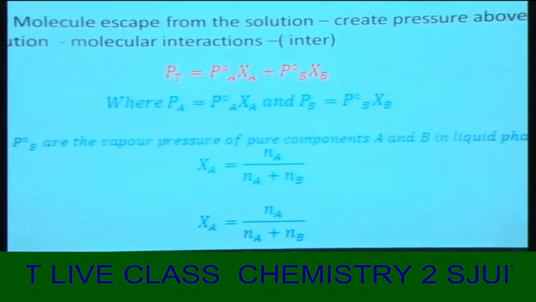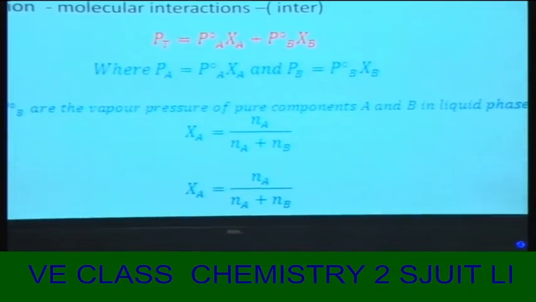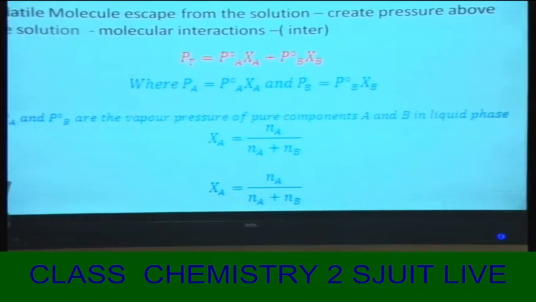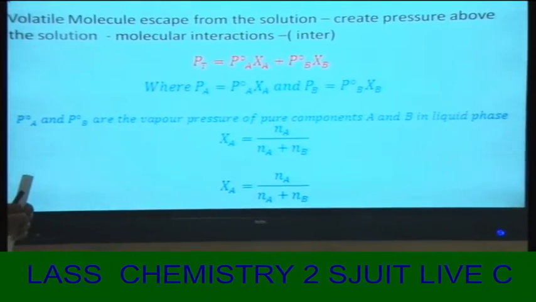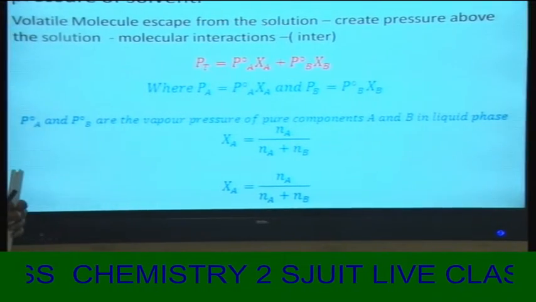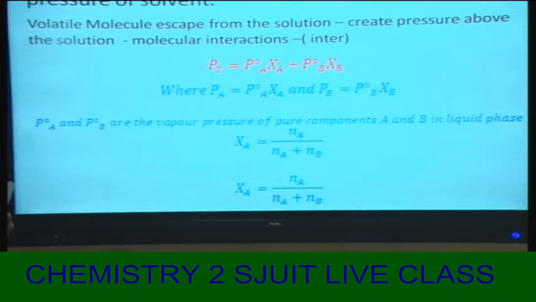And if the total pressure is less than the partial pressure of an individual component, the solution shows a negative deviation from Raoult's law.